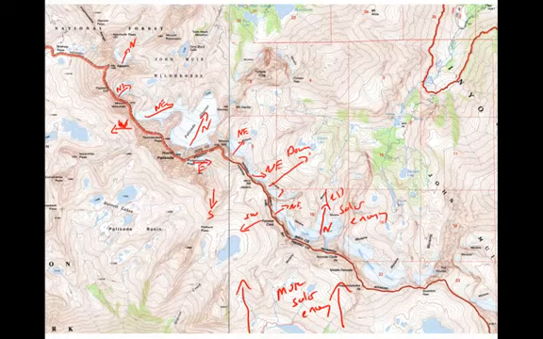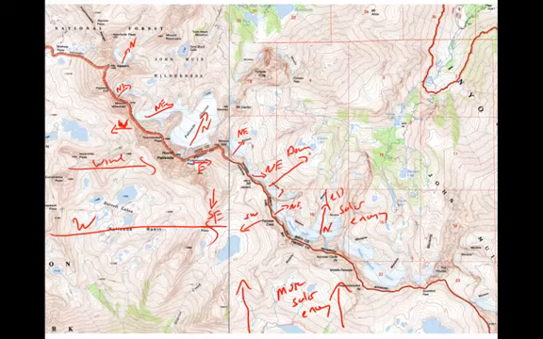Why are easterly slope aspects favored in this area? Well, winter storms tend to move from west to east. The wind accompanying the storms moves from west to east, and it moves the snow off the west-facing slopes and deposits that snow on the east-facing slopes.